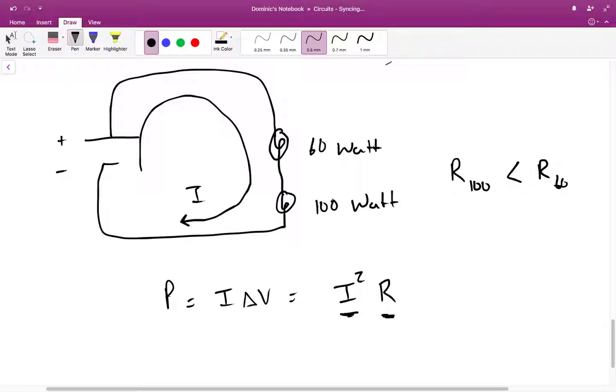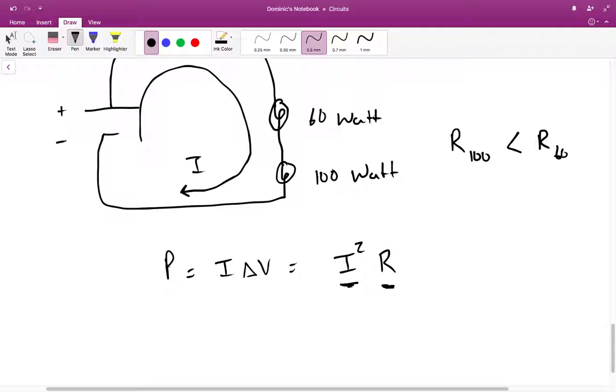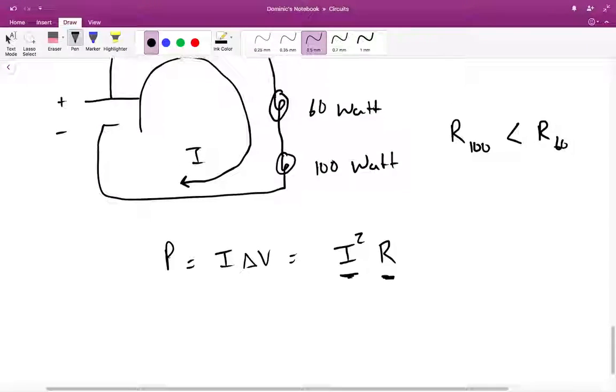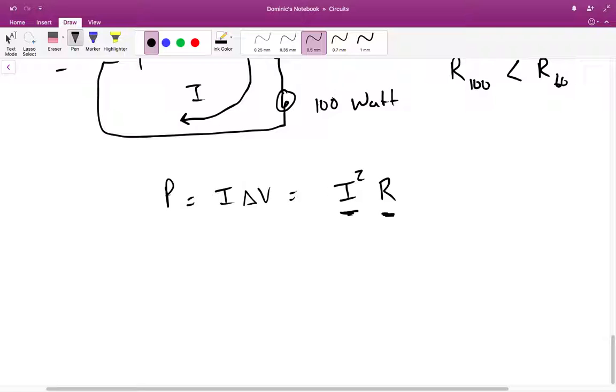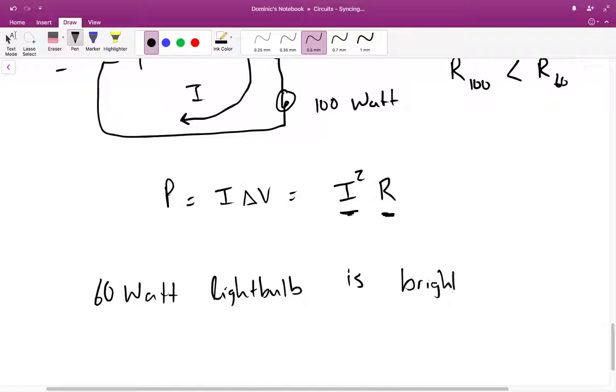Since the resistance of the 60-watt light bulb is greater than the resistance of the 100-watt light bulb, the power consumed by the 60-watt light bulb in this case is going to be higher, which means we can conclude that the 60-watt light bulb is actually going to be brighter than the 100-watt light bulb.